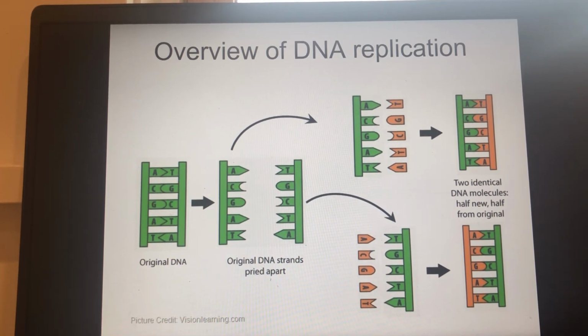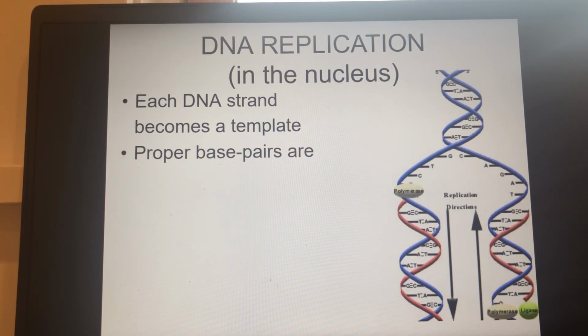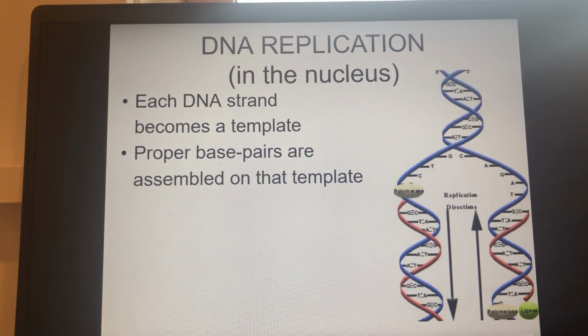All right, if it were that simple, we could be done, but we need to know the key players in it, okay? So here's the first process. Each DNA strand becomes a template, okay? The base pairing rules become very important, the Chargaff base pairing rules, okay?